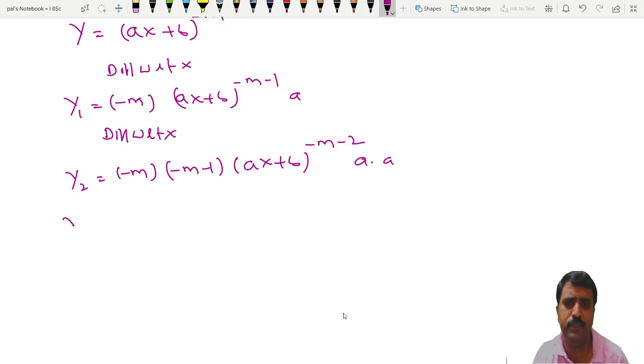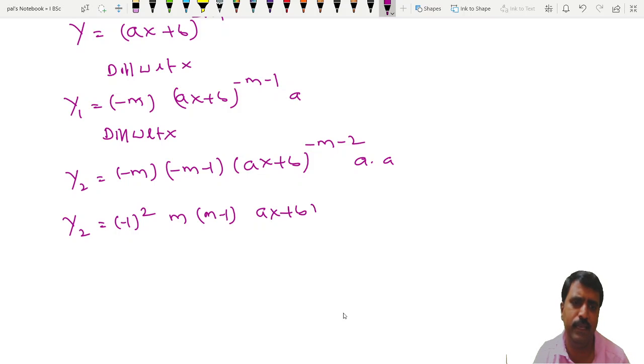So now y2 can be written as: you take minus outside, remaining is m. You take minus outside, remaining is m plus 1. If we multiply those two minuses, it is minus 1 whole square into m into (m plus 1) into (ax plus b) to the power minus of (m plus 2).